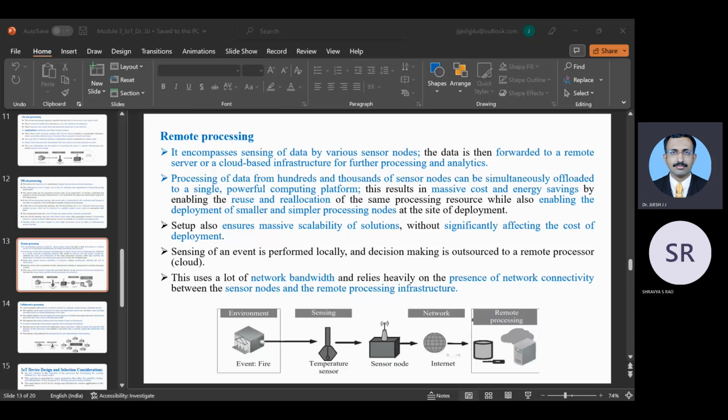Is it clear for you? See, for example, take this mobile phone as a node. It has the capacity to compute all these things on the site itself and process it further. But instead of this, I am not investing so much. I am just collecting, for example, the pH or some temperature.